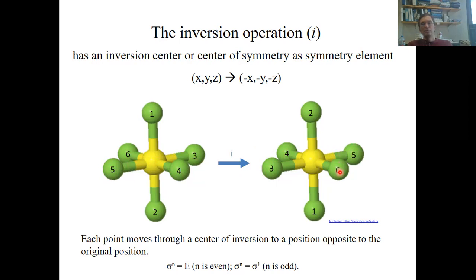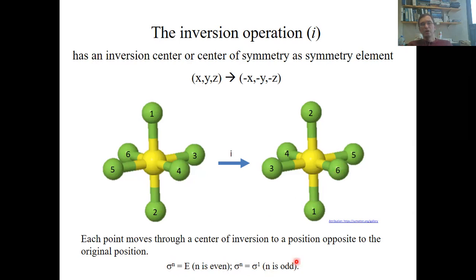Okay. So now, how many inversion operations are associated with an inversion center? It's only one, and that is because when we carry out the operation n times, and n is even, for instance 2, 4, 6, 8, and so forth, then we are always producing the identity.